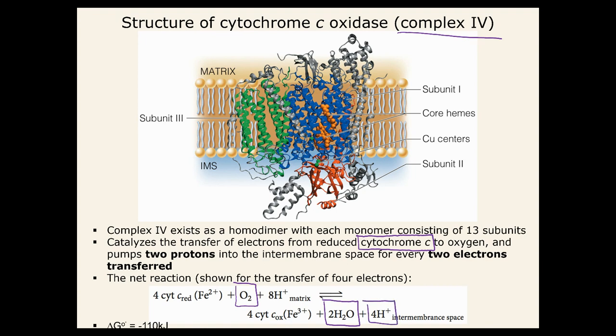Also a proton pump as well. So that's the important piece, is that all the series of redox leads to the reduction of oxygen, and at the same time, it allows for the pumping of H+ against its gradient in the intermembrane space.